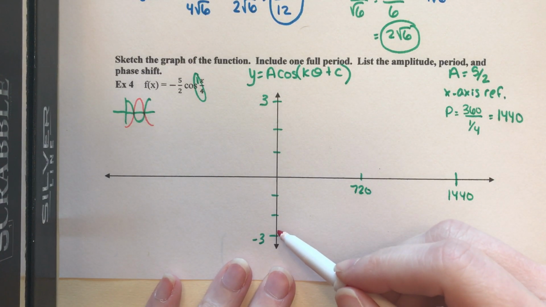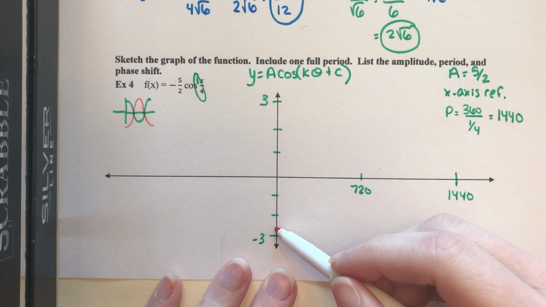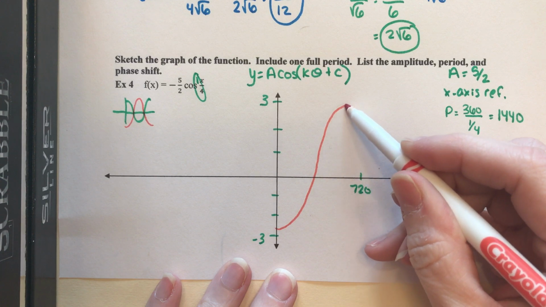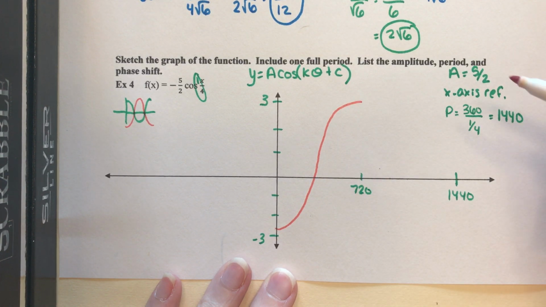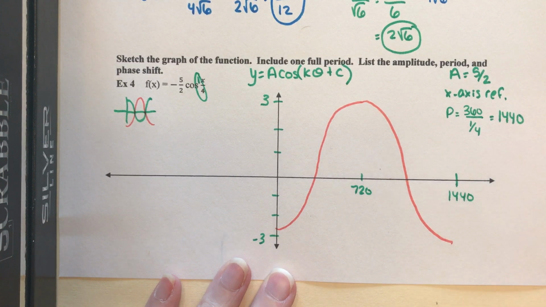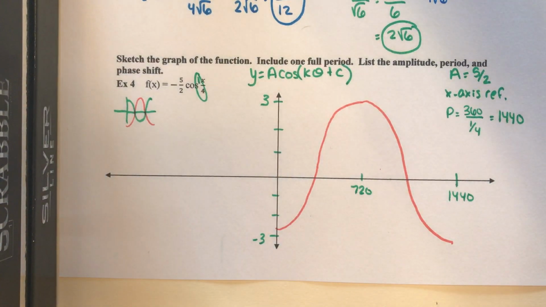I'm going to start at -5/2, so -2.5. Go up to halfway at 720, and then I'm going to draw my other half. Now you only have to draw one period for these types of questions.